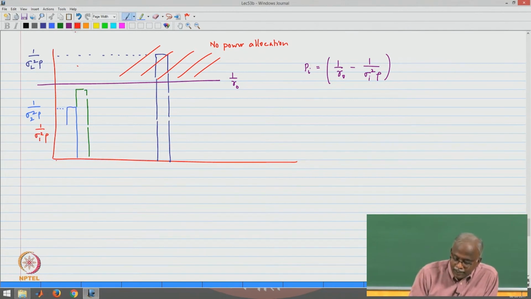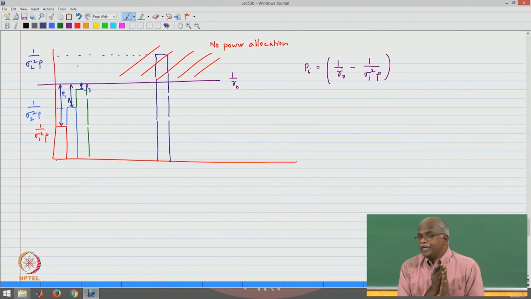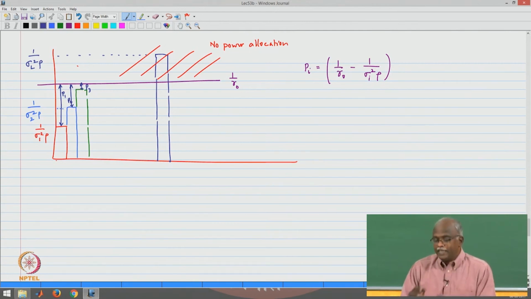If this is the channel, think of the height difference from the water level, that corresponds to P1, and likewise if you go to the second channel, this becomes P2 and P3 and so on. But the minute you have crossed the threshold, there is no more power allocation being done. So, it is completely analogous to what we looked at in terms of water filling under different SNR conditions.